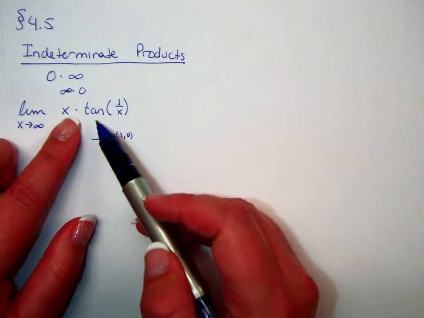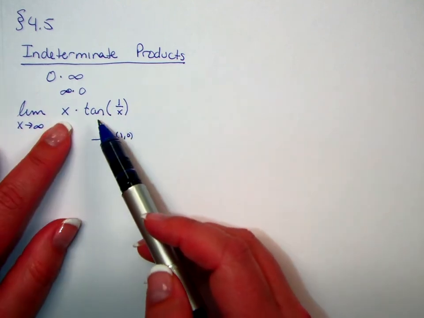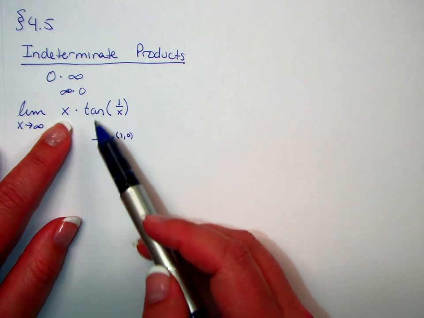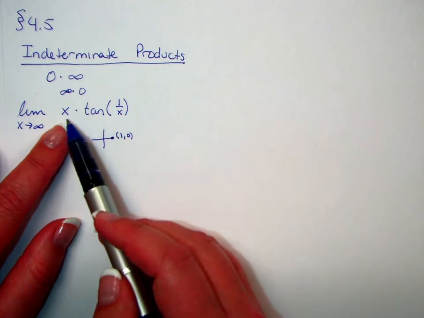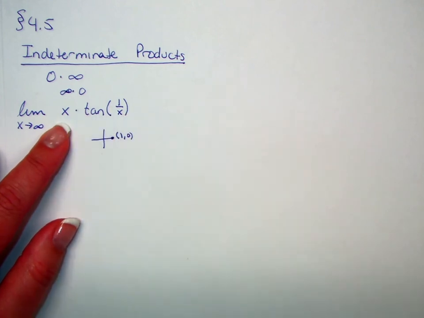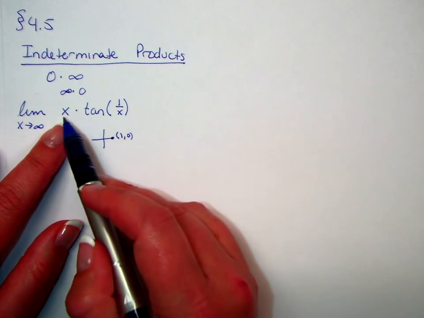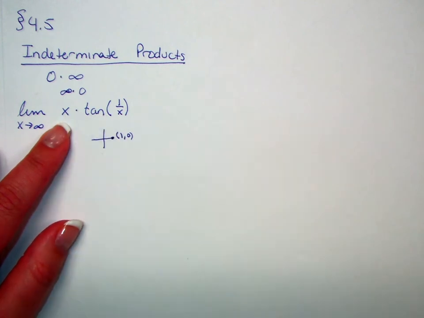Now, this is not L'Hopitalable, right? We cannot apply L'Hopital's rule here because L'Hopital's rule requires you to have a quotient, a function on top and a function on bottom. So what we're going to have to do to all of these products is change it to a quotient, right? So we got to write some forms of these two functions that are equivalent.